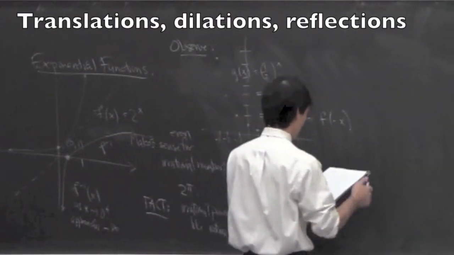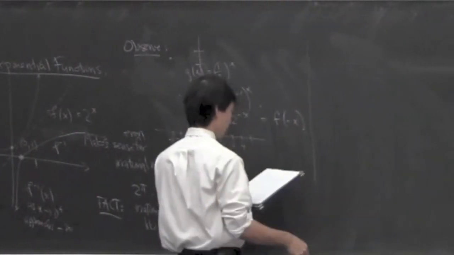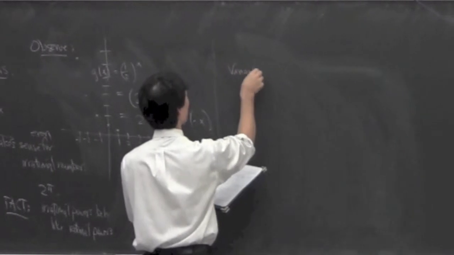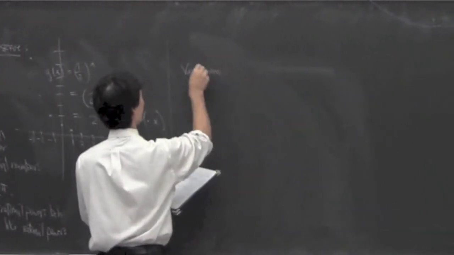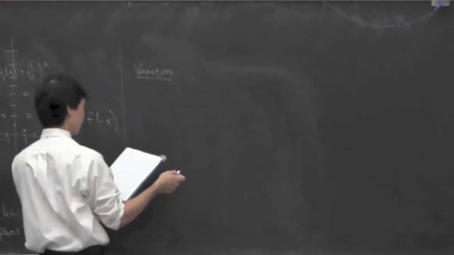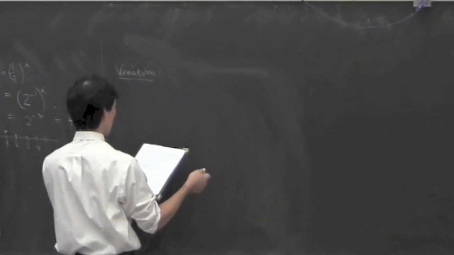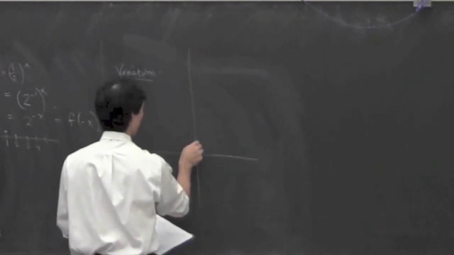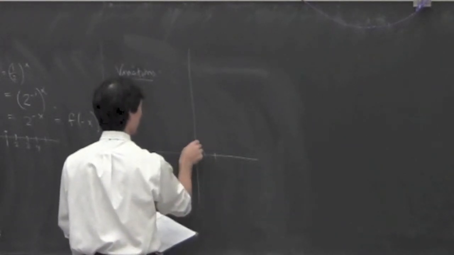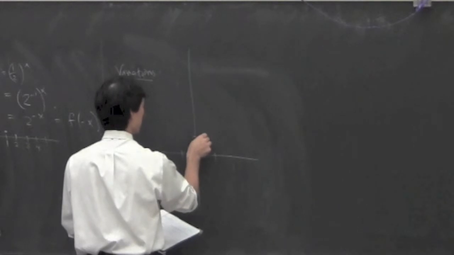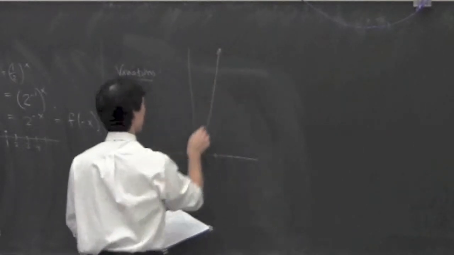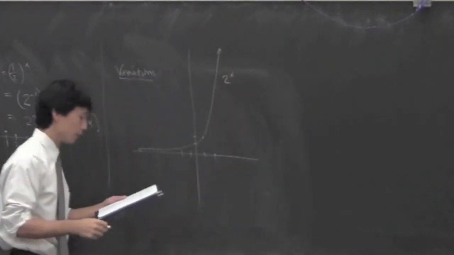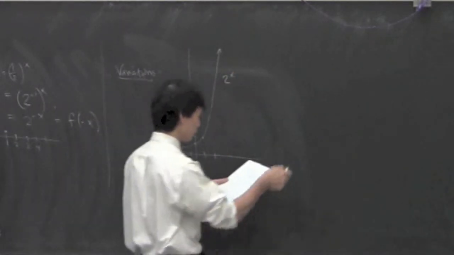If we maybe just throw in some variations, that's a very important variation. So here's f, 2 to the x. Sort of dumb ones.